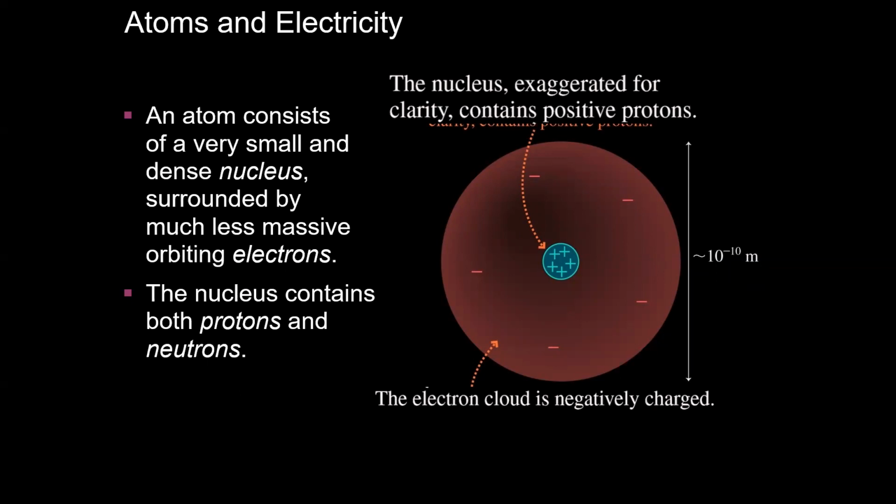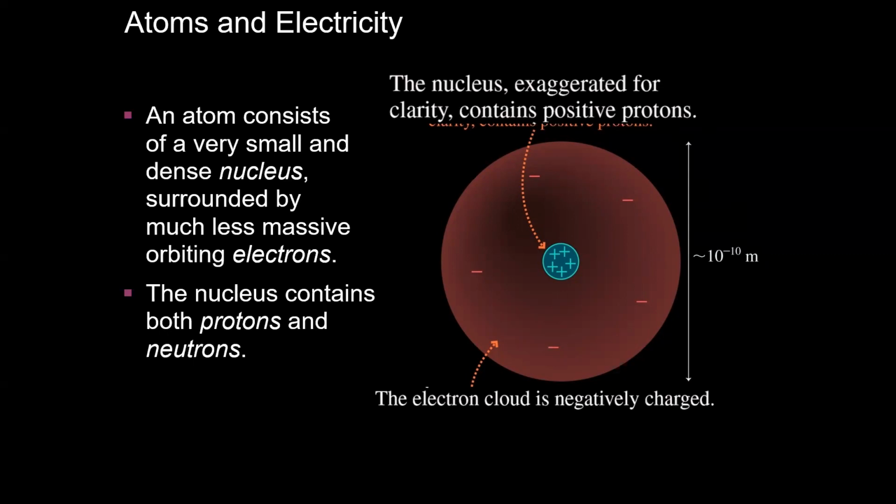So atoms and electricity, right? Where do we get the source of electric charge? It comes from the atom, right? And we're going to define our oversimplified picture of the atom as just a positively charged small nucleus surrounded by a negatively charged cloud of electrons, right?